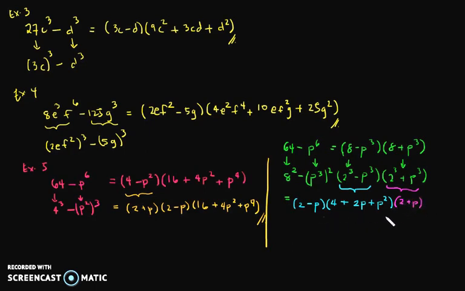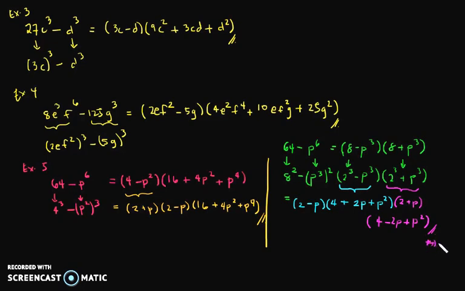Okay, I will write this down here, so that would be the square of 2, that is 4, plus, that would be minus, since this is a sum, minus 2p plus p squared. So this will be now your final answer.